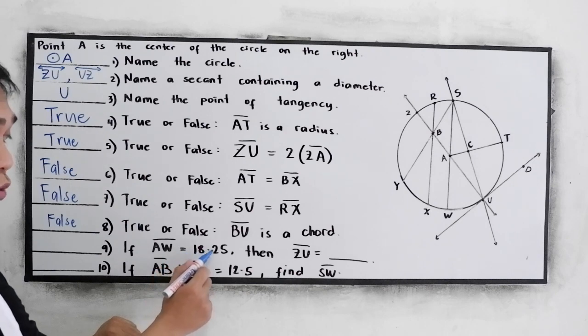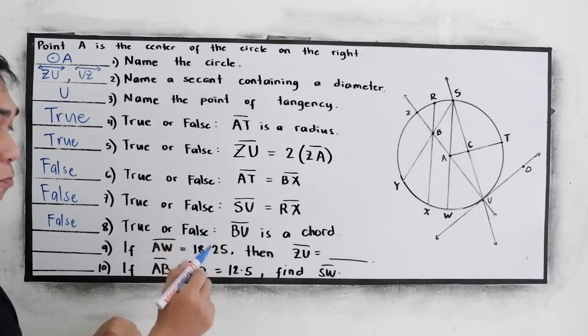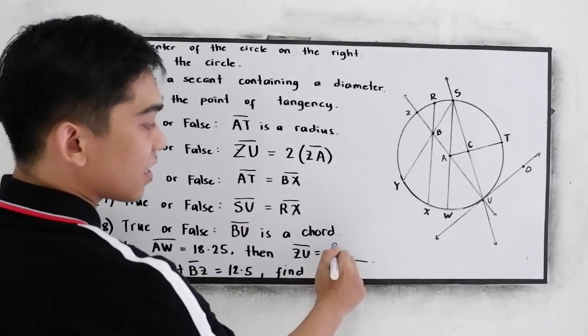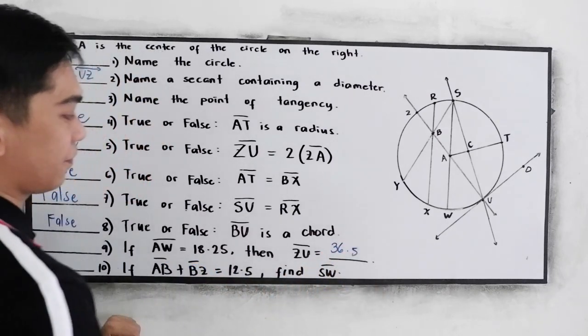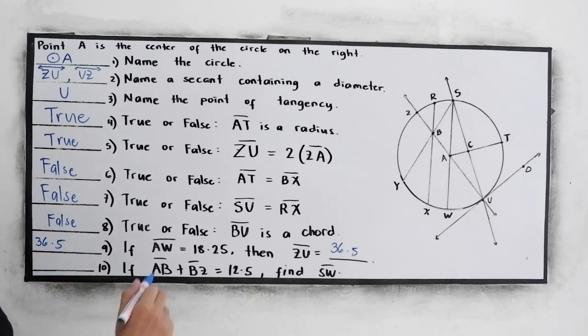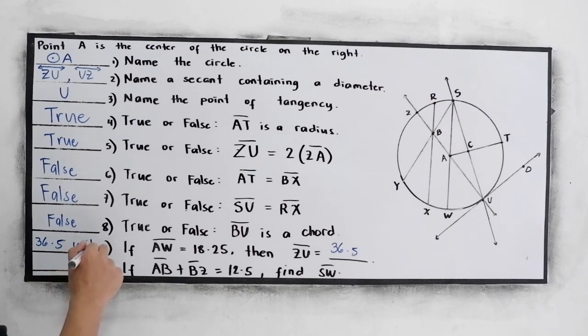So 18.25 plus 18.25, that is 36.5. We have a measurement, so 36.5, you can write units because we don't have a given unit.